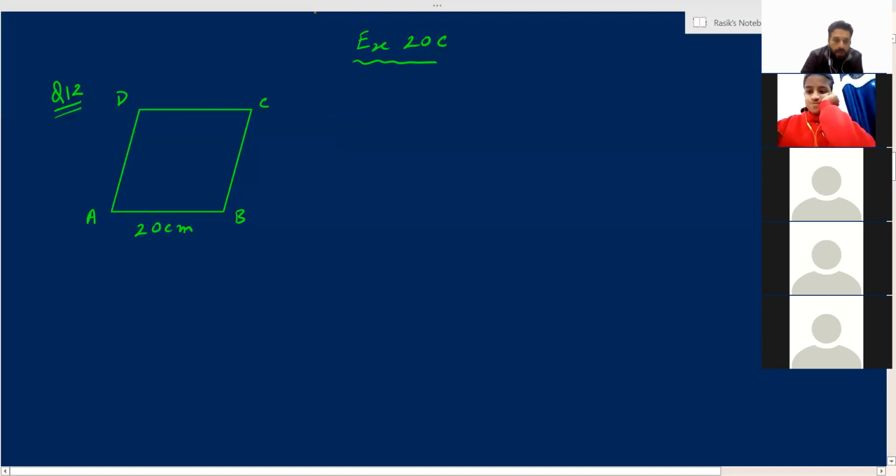And let that diagonal which is given be BD. The length of BD is given 24 centimeters, one of the diagonals of the rhombus.